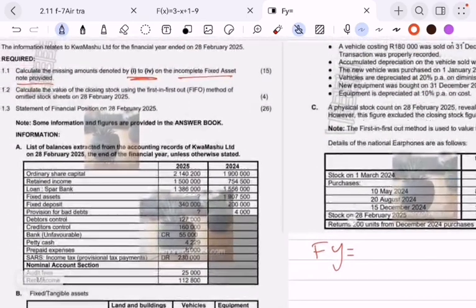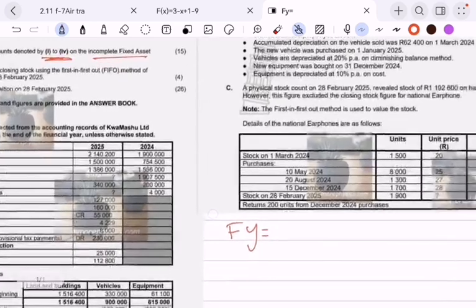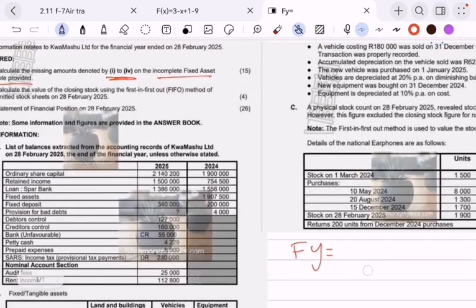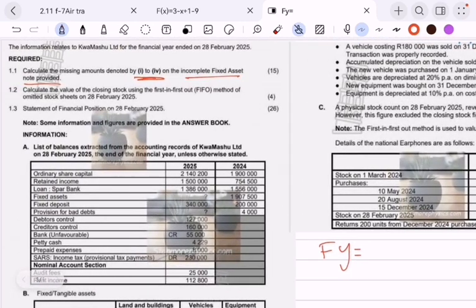Better that way. Beautiful. So first things first, whenever you do your fixed assets, your balance sheet, or in any case, always determine either your financial year or your financial month. It serves as a guide towards everything. So from that, we are told that the information relates to KwaMashu Ltd for the financial year ended 28 February 2015.